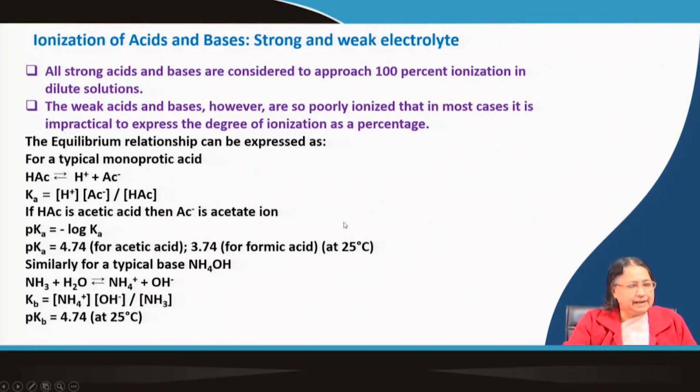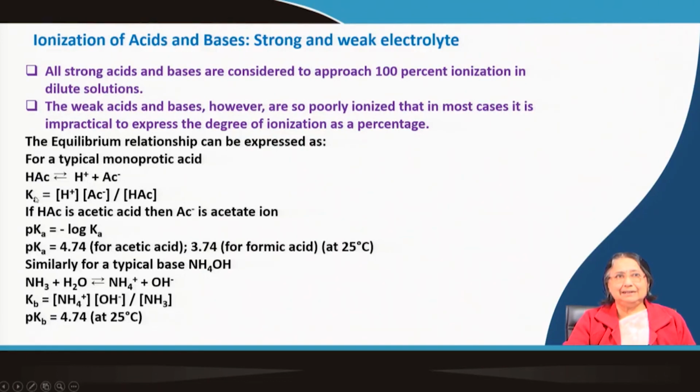Now, here as the example I have shown a monoprotic acid, say, this is acetic acid, CH3COOH. Because it is not 100% dissociated, we must consider the equilibrium constant, which is usually expressed as Ka.